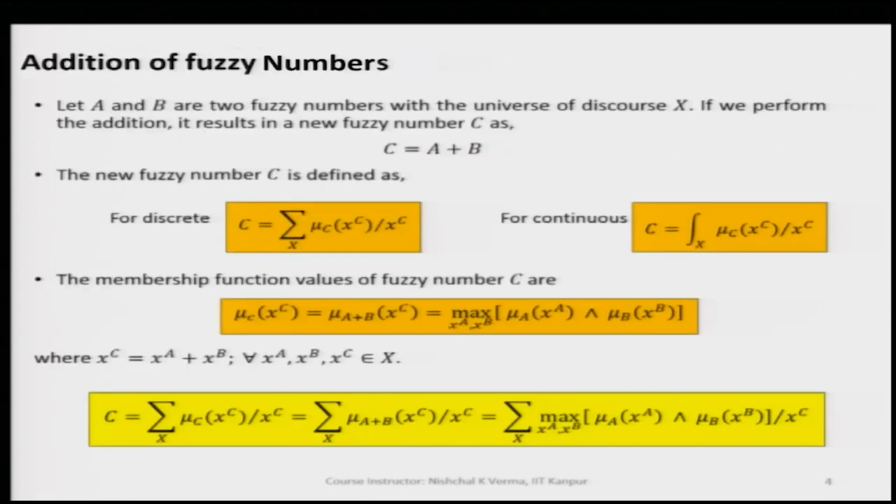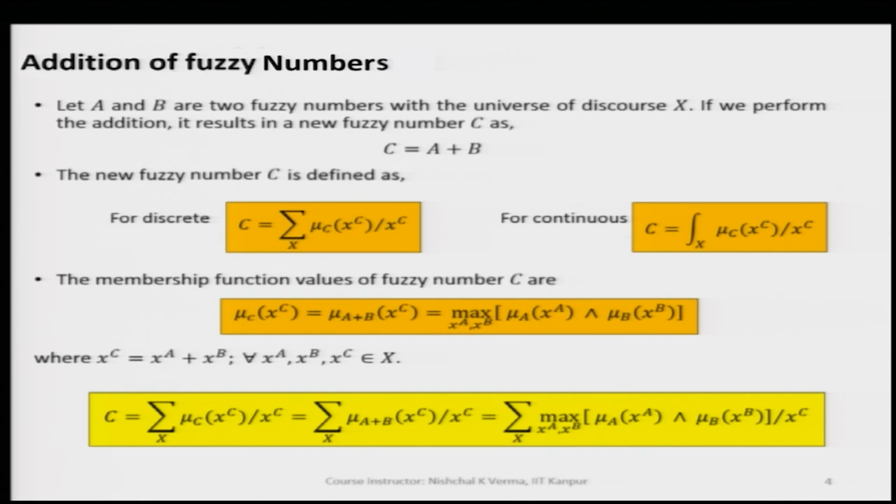Now, let us see how we add two fuzzy numbers. When we say two fuzzy numbers, obviously these fuzzy numbers will be fuzzy sets, and it is needless to say in this lecture that these fuzzy sets should satisfy the conditions of convexity and normality.